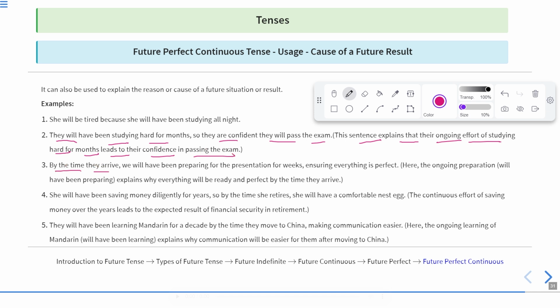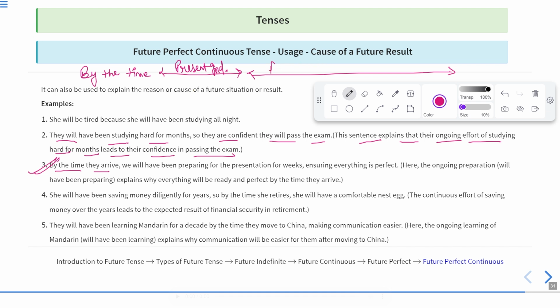By the time they arrive, now the by the time phrase is very important, as I told you before as well. When we make a sentence using by the time, with the help of this expression we make the sentence in two parts or two clauses. The clause immediately after it should be in present indefinite tense, that is simple present tense.